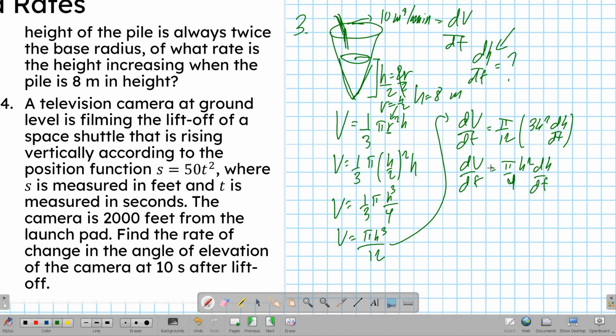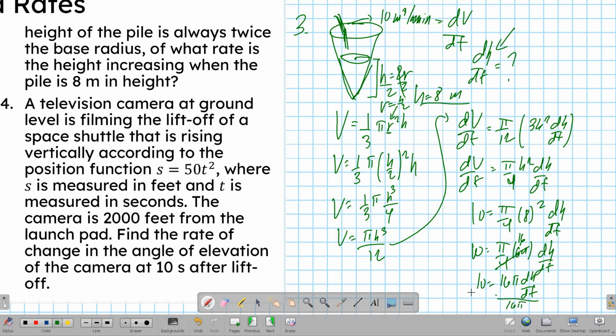So substituting our values at this point, 10 is equal to pi over 4. The height is 8, so times 8 squared times dh over dt. Therefore, 10 is equal to pi over 4 times 64 times dh over dt. This gets cancelled. I'm going to have 10 is equal to 16 pi dh over dt.